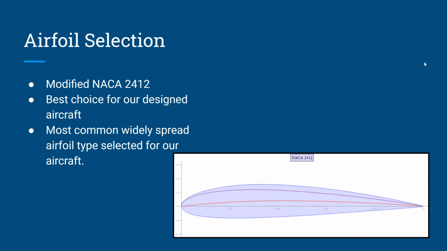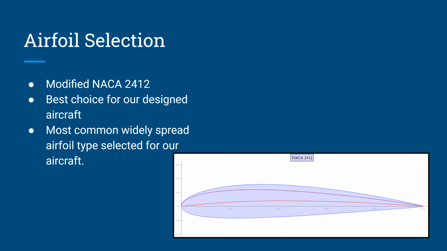So for the airfoil selection, that was one of the most important decisions that we had to make in order to design our aircraft. After doing more research on the internet, we found that there are some possible modified NACA airfoils that we can take into consideration.